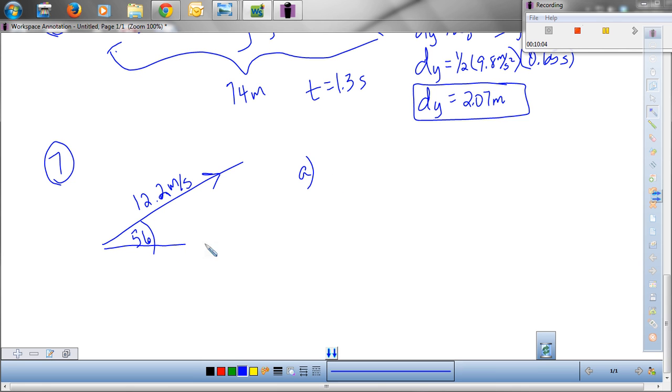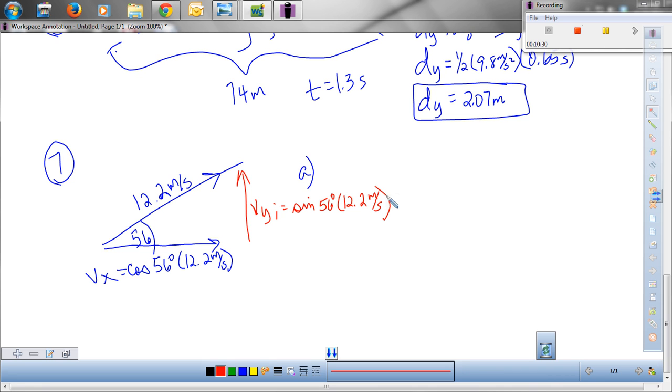So we want to find out, first thing I would do is get my Vx, cosine of 56 times 12.2. And that would be Vx, and Vx never changes because gravity never acts horizontally. And then I would do my Vyi, sine of 56 degrees times 12.2.